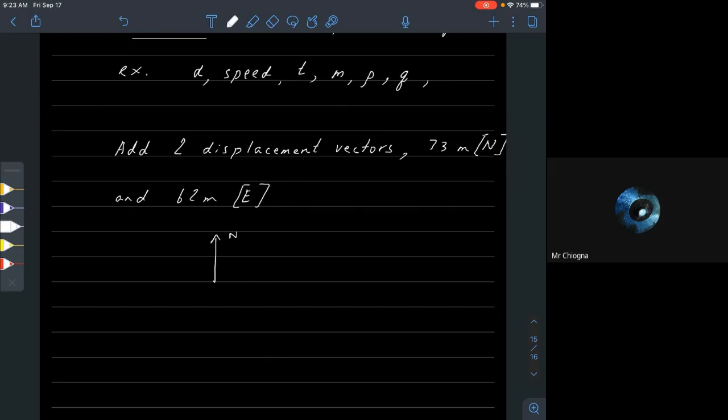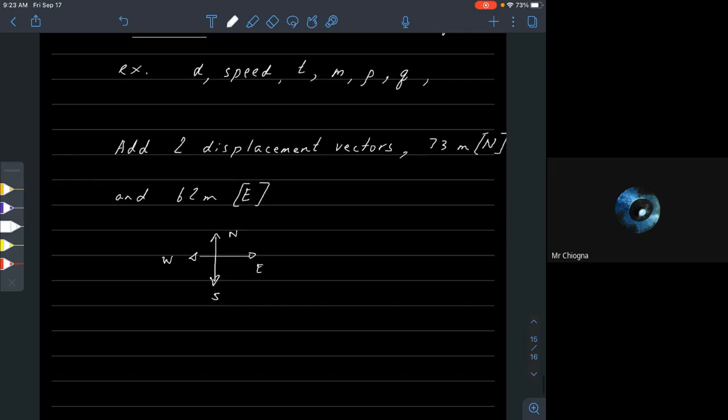North is up the page, south is down the page. East is to the right. West is to the left. Now, yes, I know we usually prescribe west and south to be negative, but we won't worry about that.